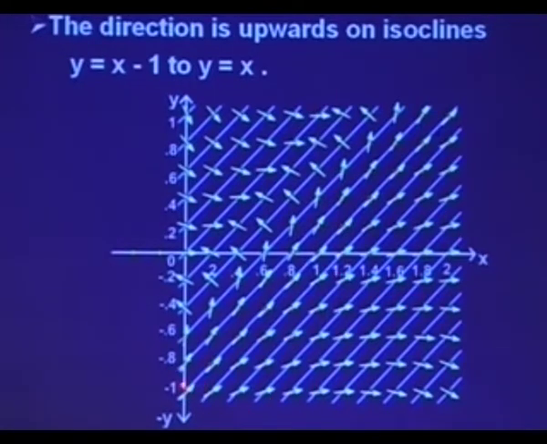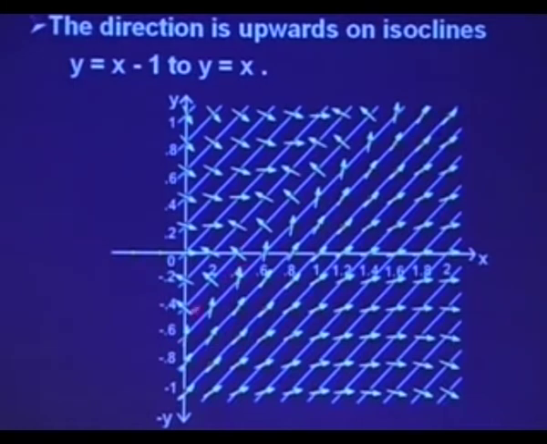So we make this first line, as I said, special, because it is matching with this one. It actually says that this must be a solution to this differential equation. So from this line it is moving upwards, then it is coming downwards.